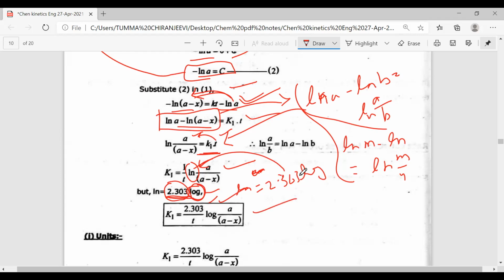This equation is known as the first order rate equation. What is the rate equation for the first order? k1 is equal to 2.303 by t log a by a minus x.